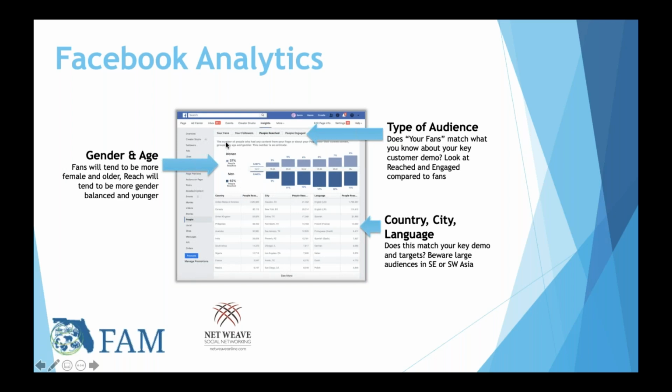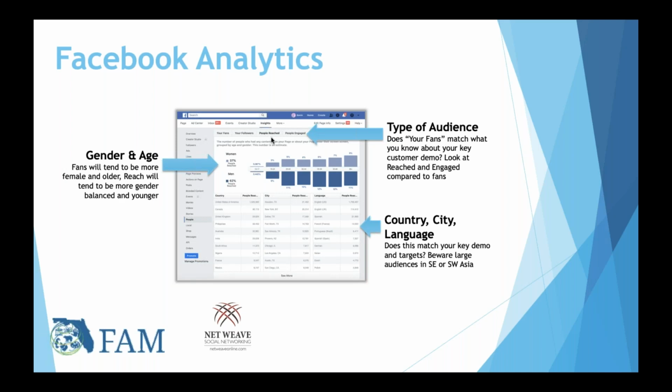But it's interesting to see how fans change when you look at fans to reach. Generally speaking, again, this page is an exception, but when you switch from fans to reach, you'll notice that the gender division gets more balanced. Usually you'll have many more females than males who like a page.